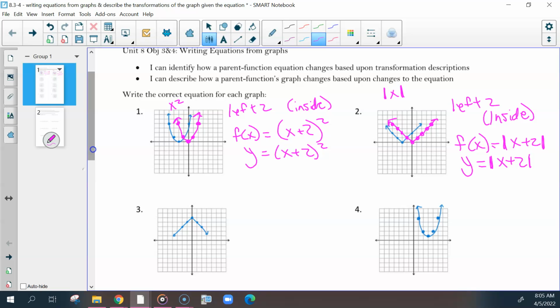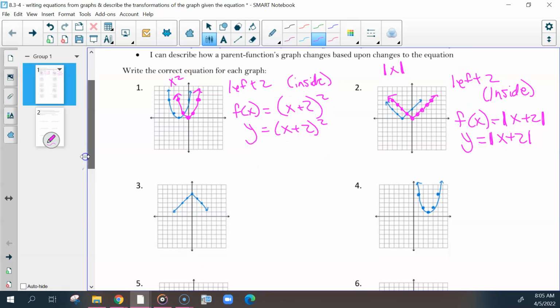So if you're able to see what happened from the original, then you're able to write the equation. You just have to know what happened, what that transformation would be, and things like that. Let's try to do this one without me drawing the parent function.